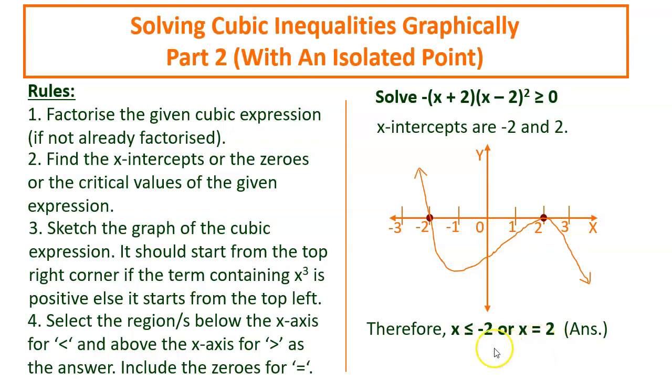But if you want to write the same answer using the interval notation, then how do you write it? And this is the isolated point, because over here you are not having any region. It is just a single point that we have to include in the solution set. This is known as the isolated point.